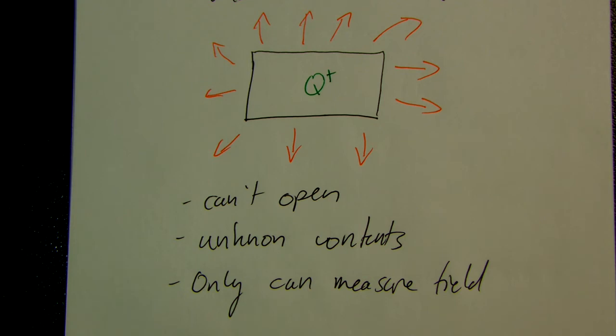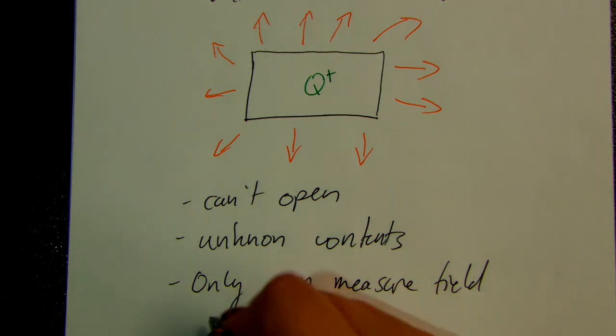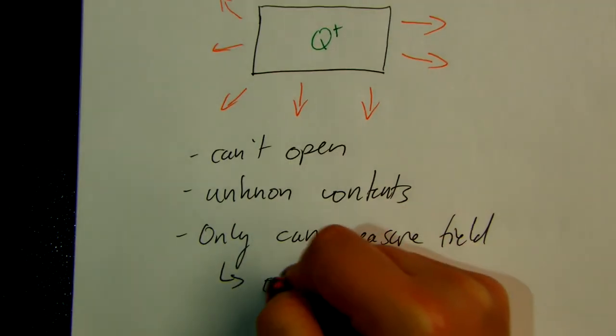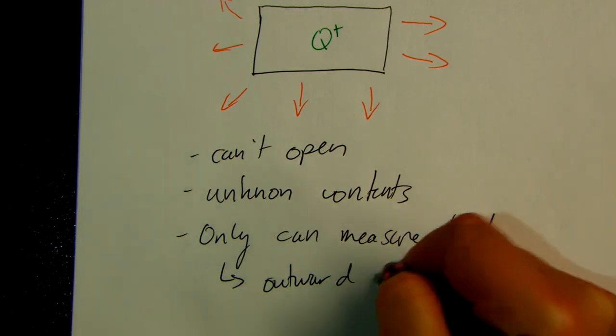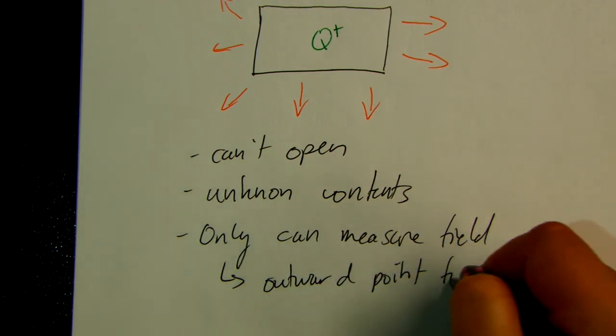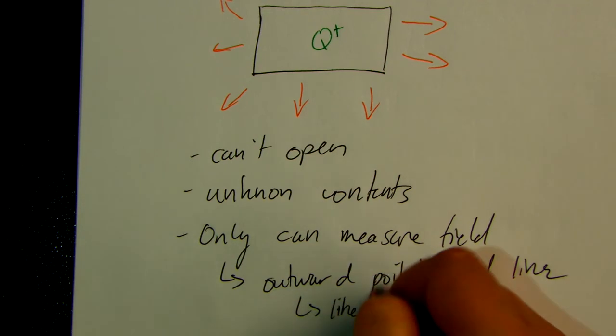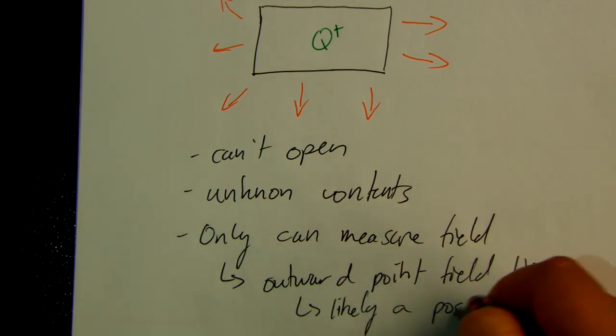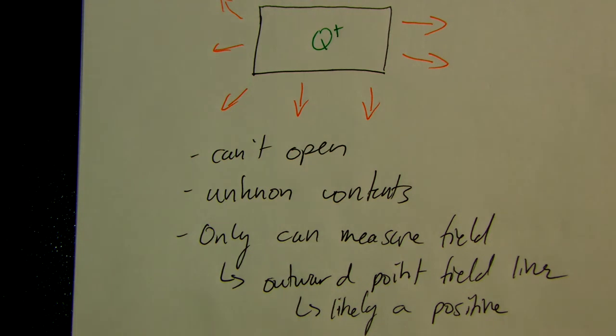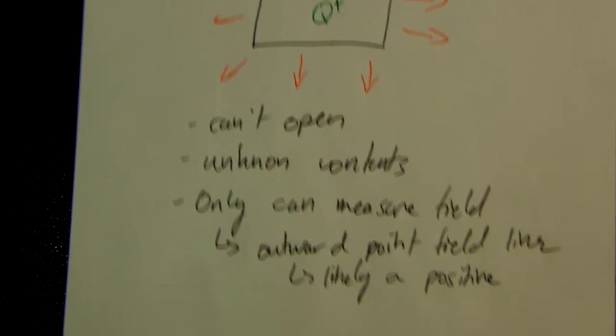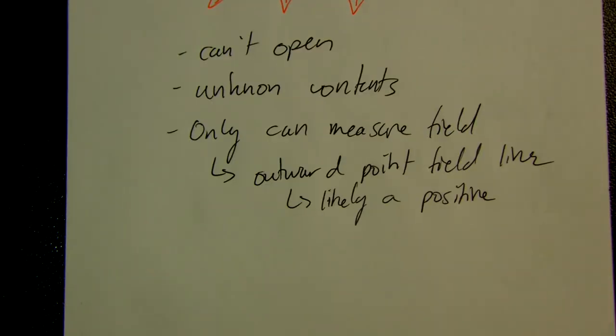That would be consistent with the field lines that this box is producing. So outward pointing field lines, likely a positive charge. Remember, positive people radiate their positivity outwards.